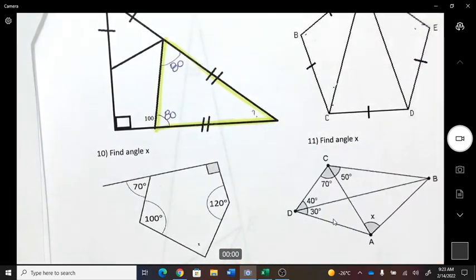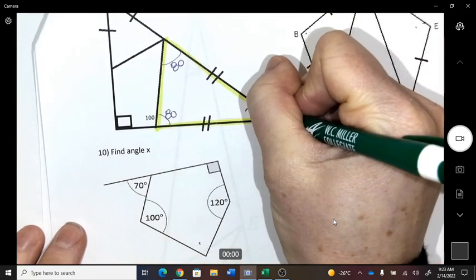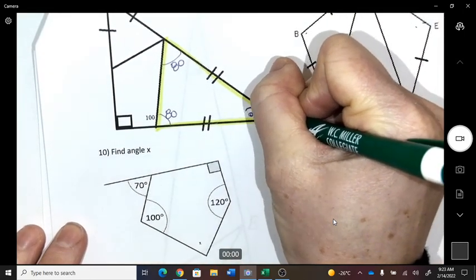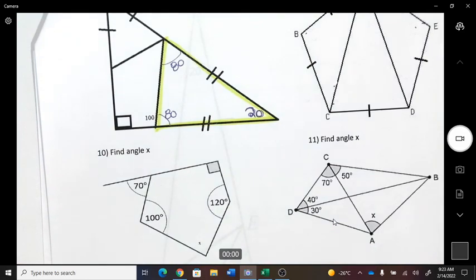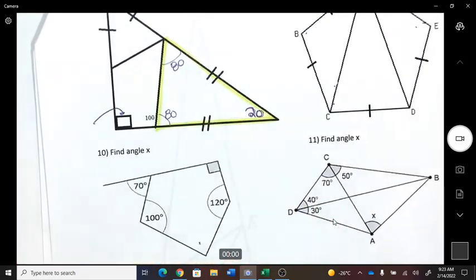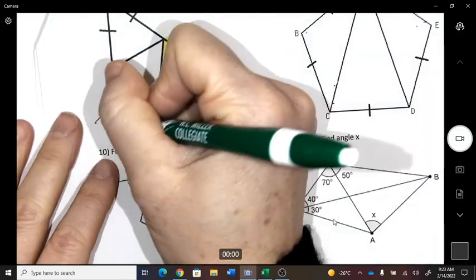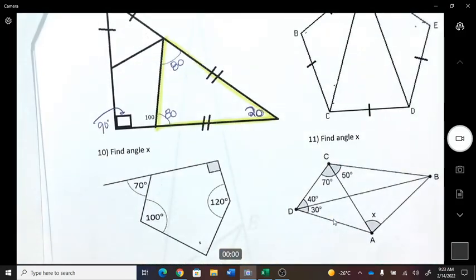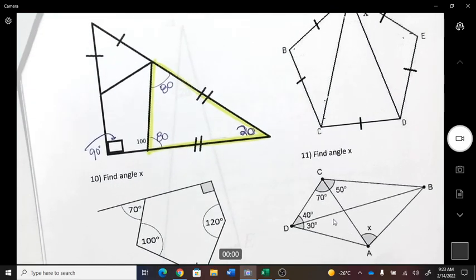Now, can you get me that one? Because I can see that triangle. So I have an 80, 80, and then how much would I have left over yet? 20. Okay, now do we know what this symbol means? That's a 90-degree symbol. So there's 90.